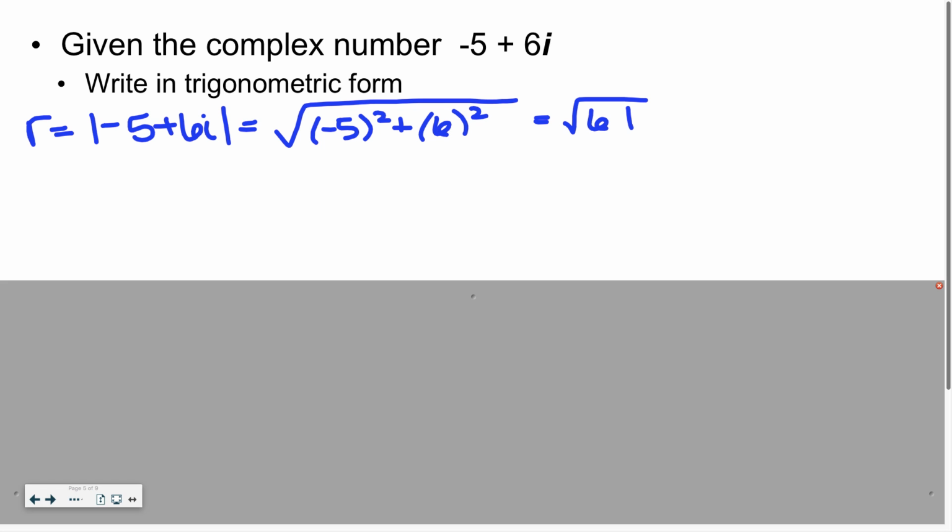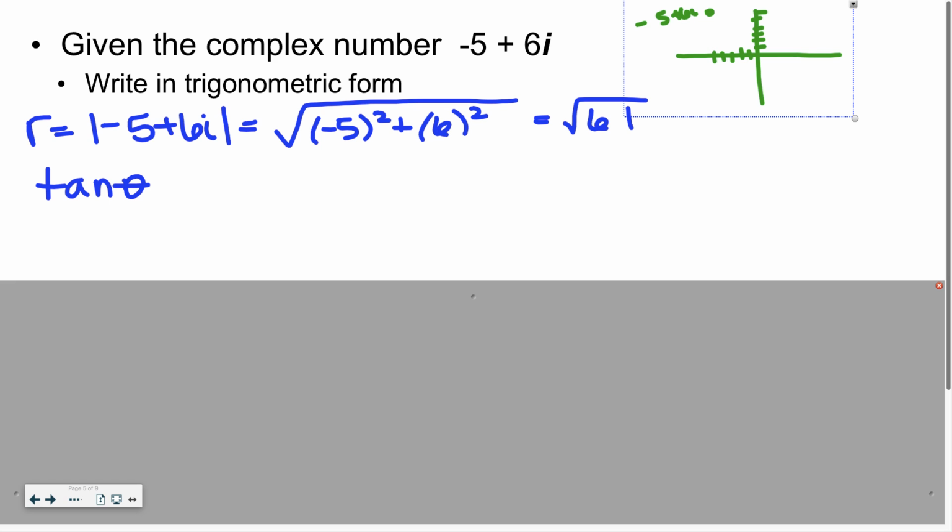Now, just very quickly, I'm going to throw this up here. Here's our complex number, -5 plus 6i. Do you agree with where I plotted it? So now let's set up to find our angle. We know that the tangent of theta is b over a.